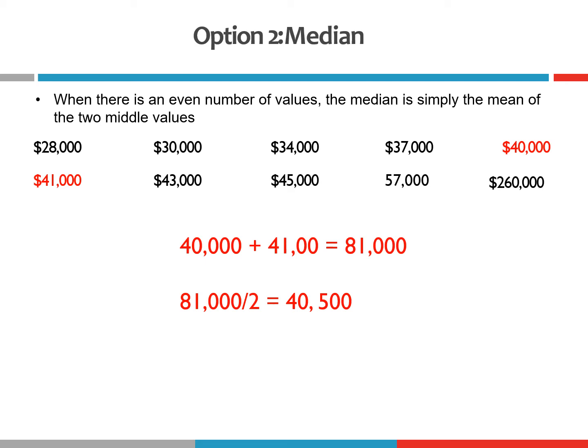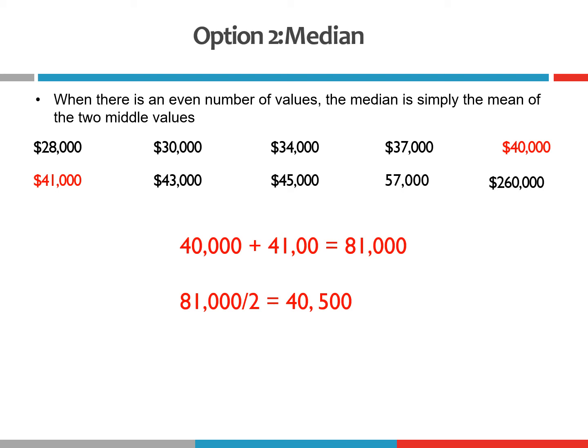Okay, so in our first example, we had 9 scores in our data set. So it was fairly easy to find the middlemost value, where 4 scores were less and 4 of the scores were greater. So in that case, the value would be $40,000, on the previous slide.